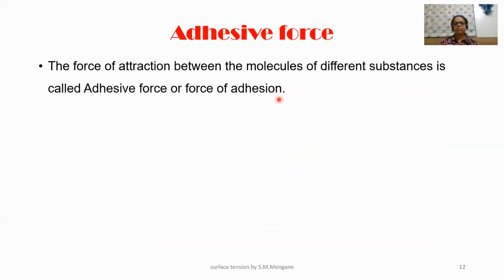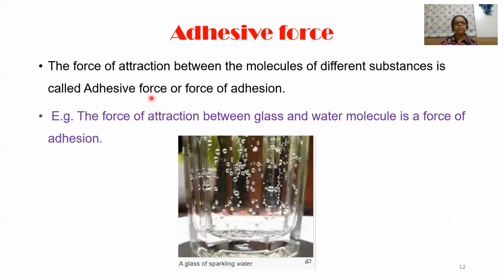Adhesive force. The force of attraction between the molecules of different substances is called adhesive force or force of adhesion. Example, when we pour a liquid in a glass and then empty the glass, water molecules cling to the glass surface as shown in this picture.